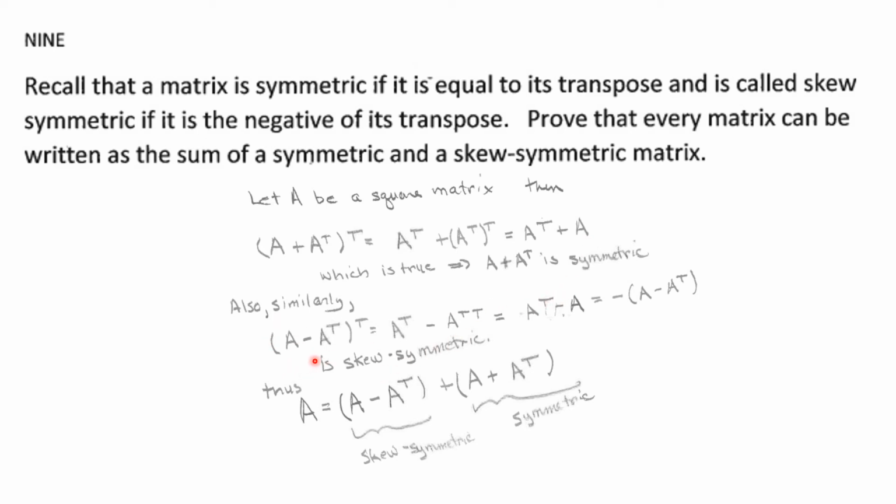Similarly, if we take the transpose of A minus A transpose, that will be equal to A transpose minus A transpose transpose, which is the negative of A minus A transpose. So if we put a 1/2 in front of each of these matrices, then we will have written A as the sum of a symmetric and a skew symmetric matrix, and so we've proven the assertion.